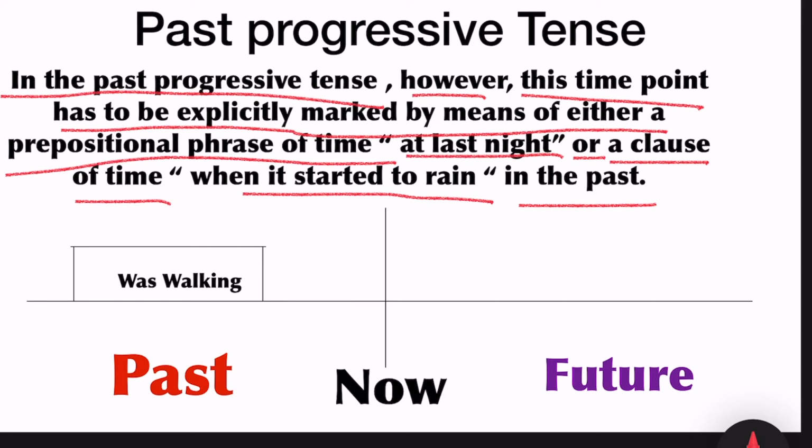These are last night, yesterday, last month, in the morning. These are phrases of time or clauses of time in the past. By using these phrases or clauses, you can indicate that the action happened in the past.